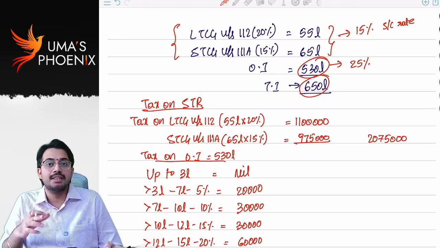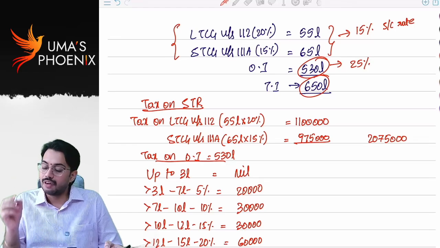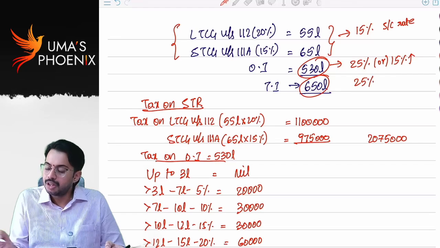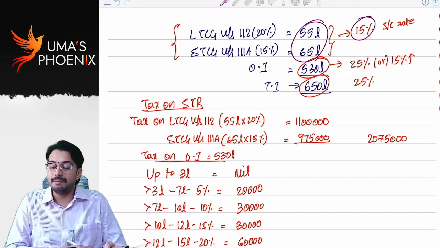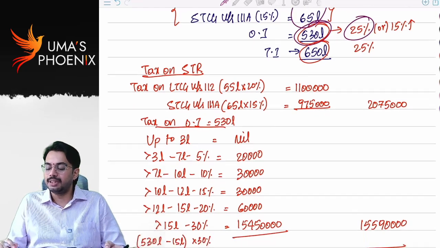Under default tax rates, if total income is more than 5 crore, surcharge rate applicable is 25% or 15%. Whichever is higher means 25%. So for tax on incomes taxable at special tax rates, we will apply 15% surcharge rate. For tax on other income, we will apply 25% surcharge rate.